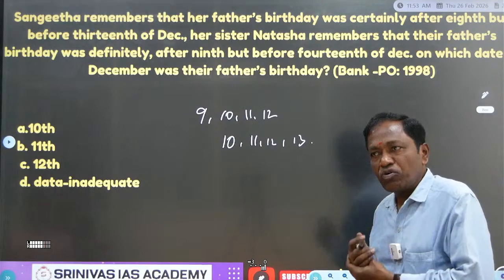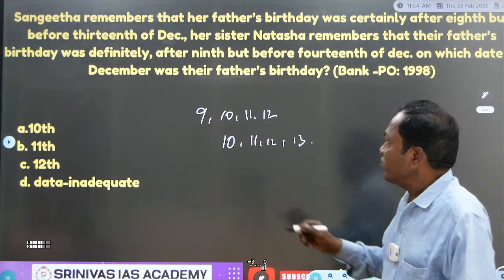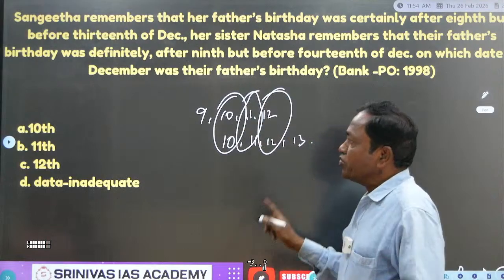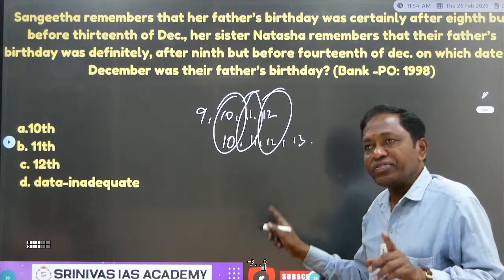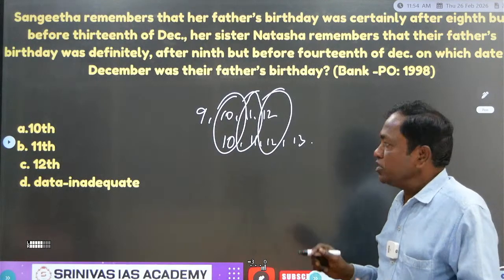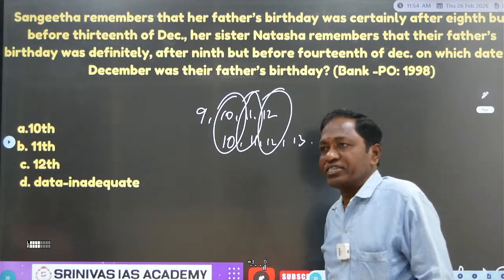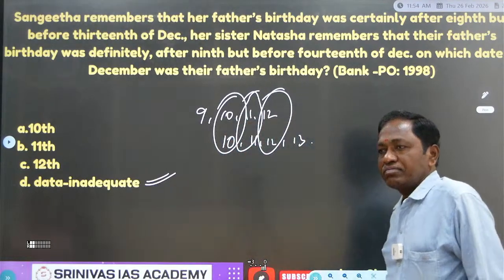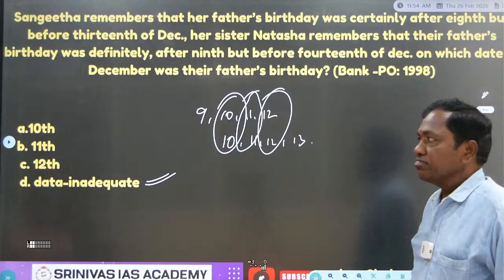What are the common dates for both of them? 10th, 11th or 12th. There is no specific date. 10th is possible, 11th is possible, 12th is possible. Data inadequate, insufficient data. Okay, yes, next one.